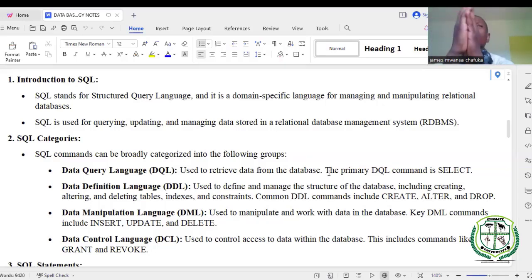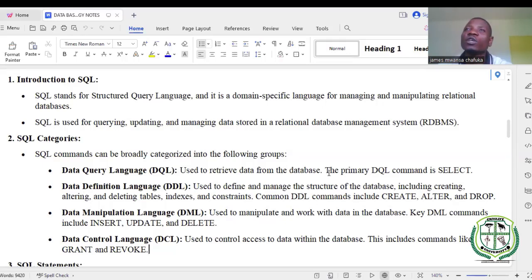So if you want to work with the data within the database, you involve data manipulation language. You also need to prompt a command here, and the command that you need to prompt is data manipulation language, which includes insert, update, and delete.